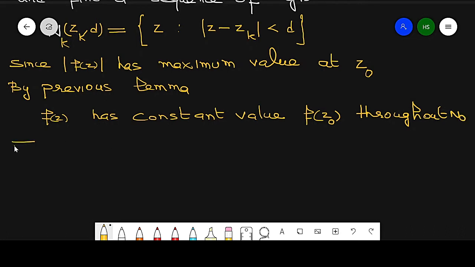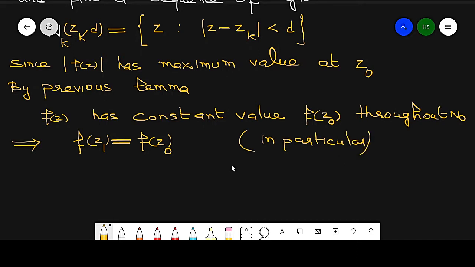It implies in particular that f of z1, because z1 is inside it, is equal to f of z naught. So in particular we get this value.